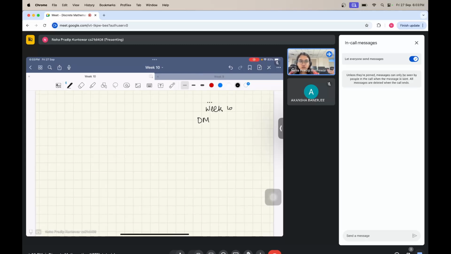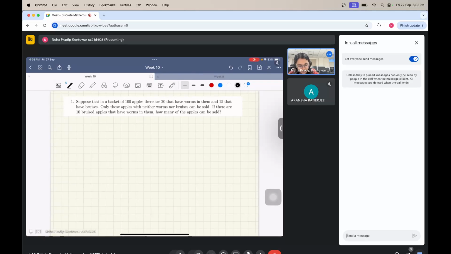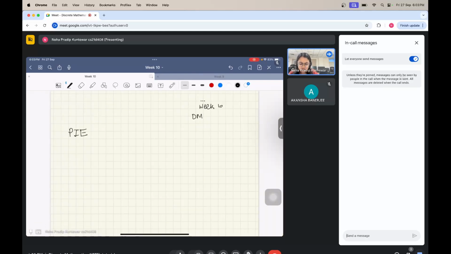Let's learn the concepts as and when we come across the examples. Mostly we'll look into the principle of inclusion exclusion.